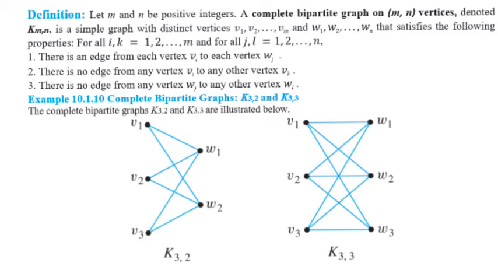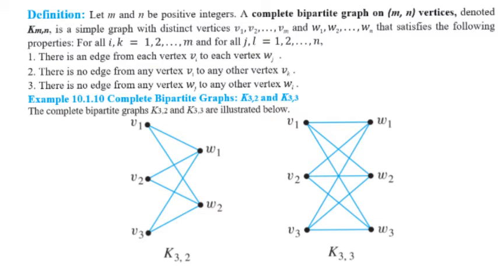And the second property basically says there is no edge from any vertex vi to any other vertex vk. So it means that the vertices in one part are not connected to each other. That's the second property that a complete bipartite graph must satisfy.